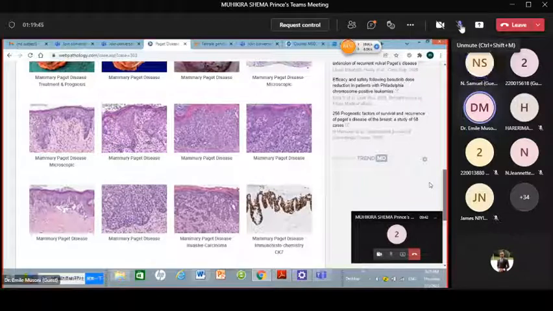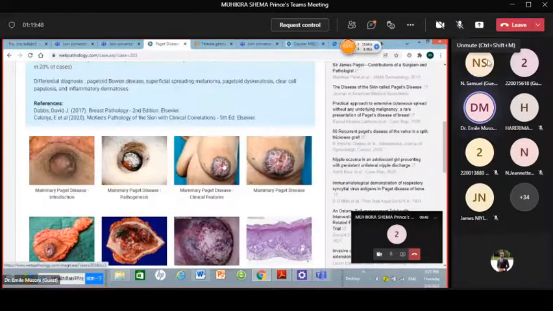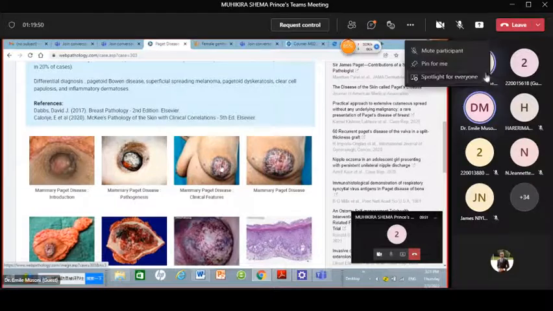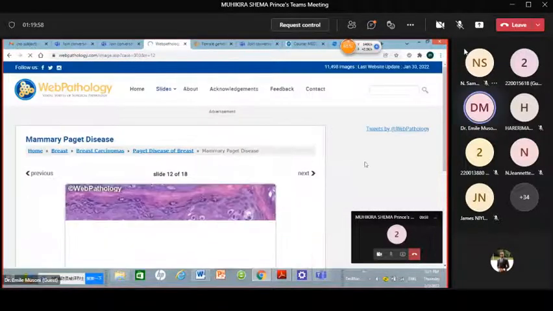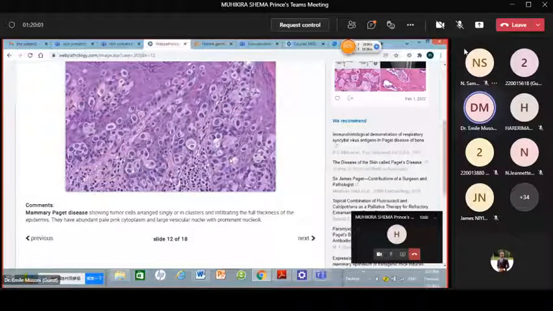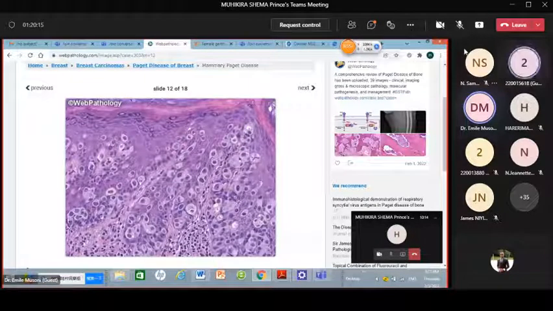When you look at this lesion on the breast, you can't know what it is, but you have to make a biopsy, and then you go for the microscope, and you find like this one. These are Paget cells on the nipple, meaning that malignant cells are also found on the nipple, and this one is an indicator of poor prognosis.